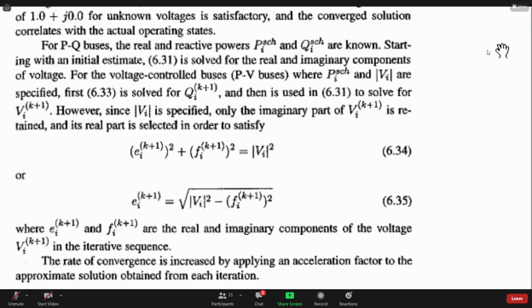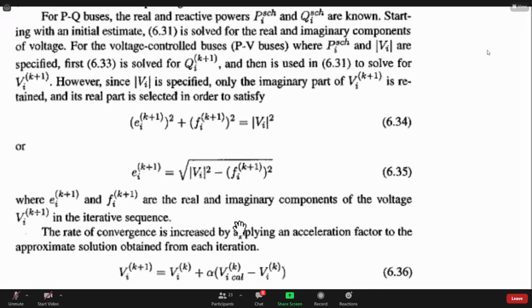If you calculate the voltage from the general equation, you might get a deviated result, different from the constant value already given. So you have to do an error calculation: to keep your voltage at that particular constant value, what will be the error limit? This is the error calculation. So for the PV bus, you need to consider that error calculation.